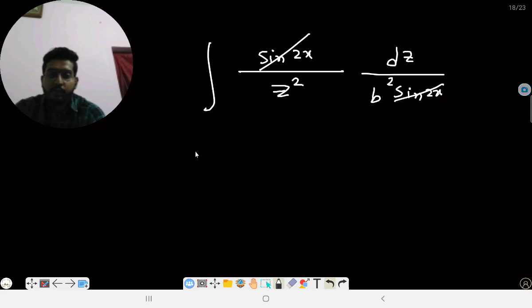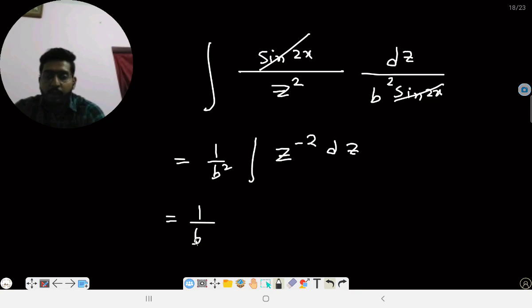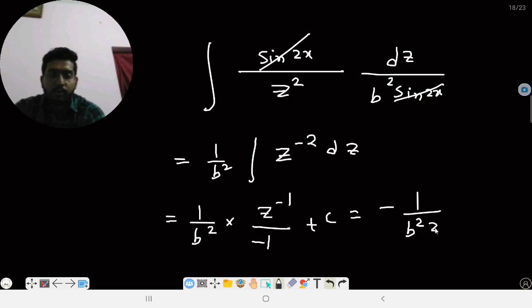So sine 2x cancels out, b square will go there, and it will be 1 by z square. So 1 by z square can be written as z to the power minus 2 dz. So that will be 1 by b square, z to the power minus 2 plus 1, minus 1 by minus 1 plus c. That means minus 1 by b square z plus c.